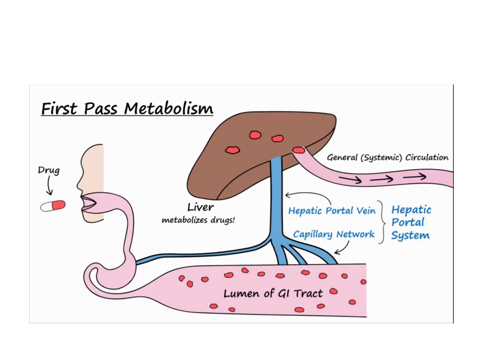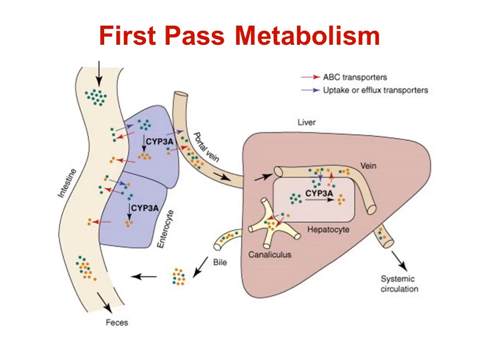These xenobiotics, shown as red dots, are taken up and reach the liver, where the liver metabolizes them, and out of the many that are absorbed, only a few in the parent form go into the bloodstream, which is the general systemic circulation, and then into the various body organs. As a result, of whatever drug we have ingested, only a little goes into the systemic blood, because much of it is metabolized in the liver itself. So this is the first pass.